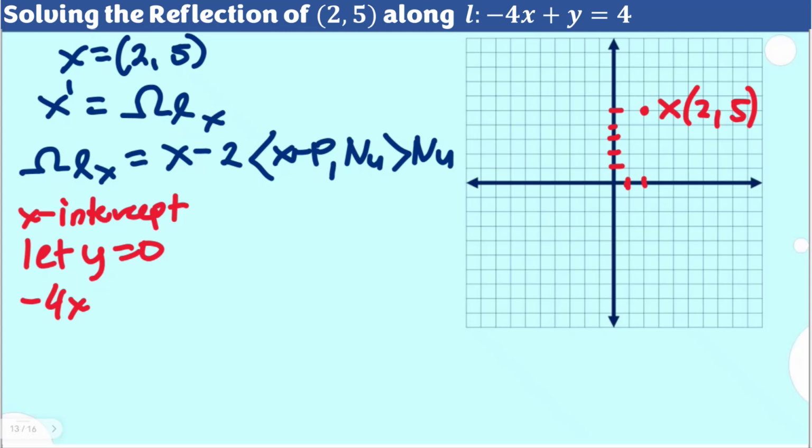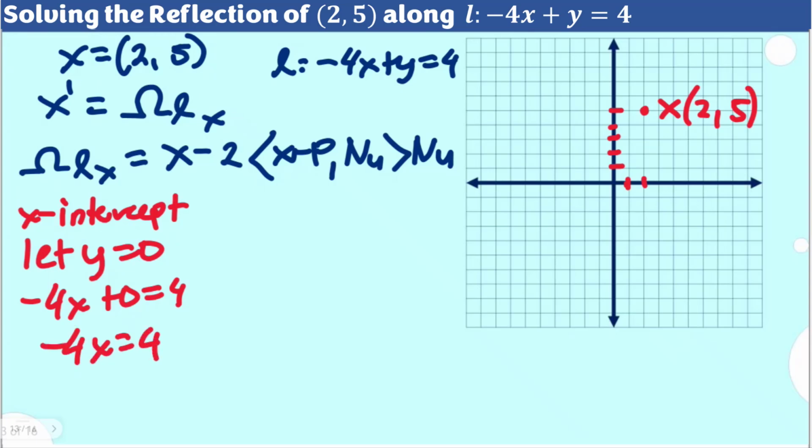Our L is minus 4x plus y equal to 4, so you have minus 4x plus 0 equal to 4, so minus 4x is 4. X is negative 1. So our x-intercept is at (negative 1, 0).